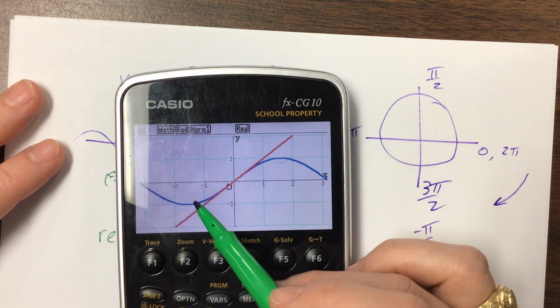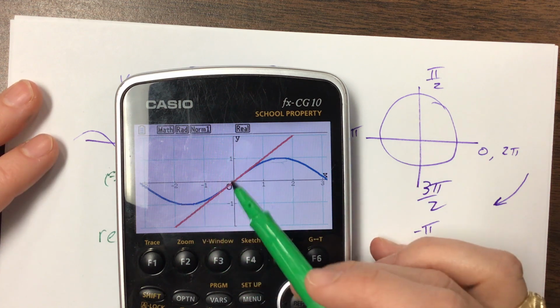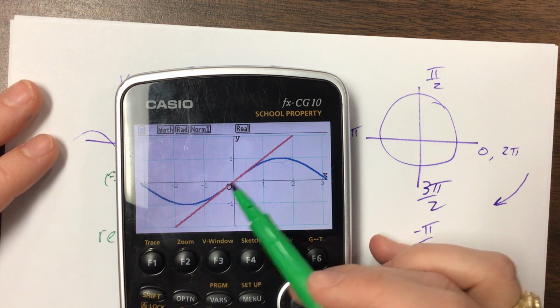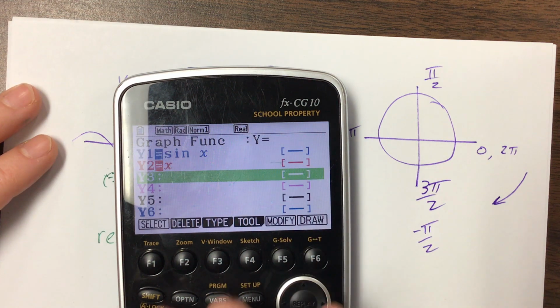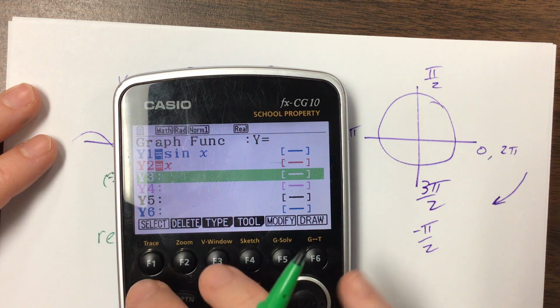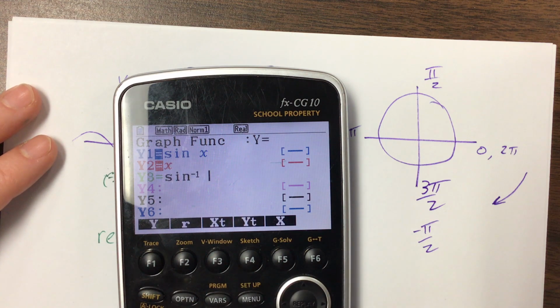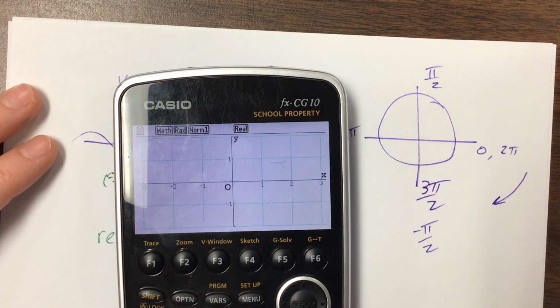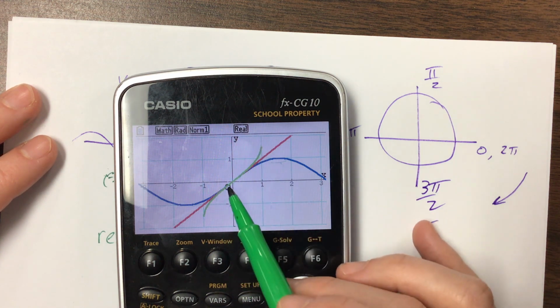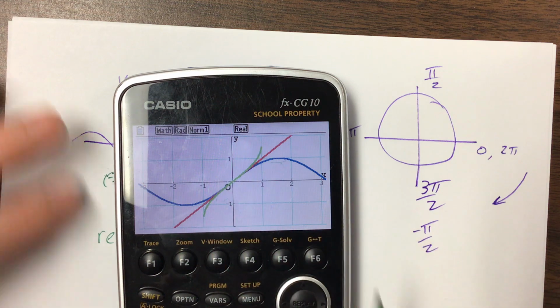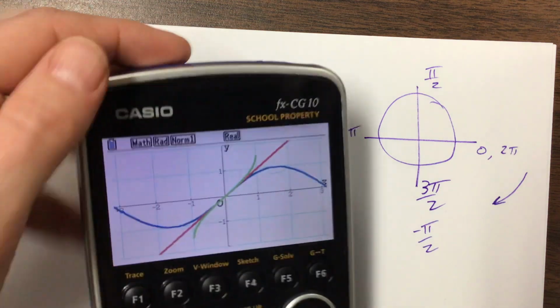And then same idea: this is concave up, and it reflects to be concave down over here. So when I go to graph that, I can check by graphing inverse of sine of x. And that's going to be that green one. And you'll notice that this little piece here has been reflected over, and this little piece has been reflected. Okay, sorry it took me so long to get there, but there you go.